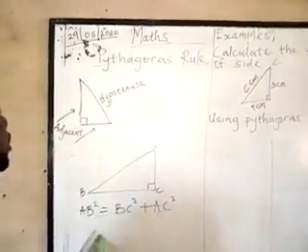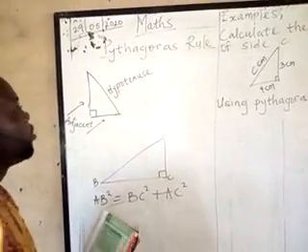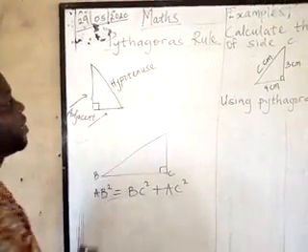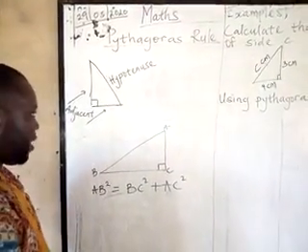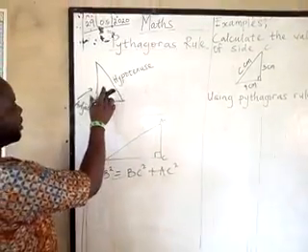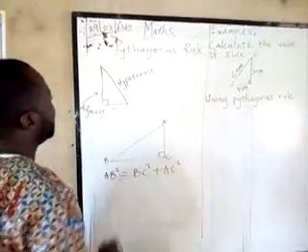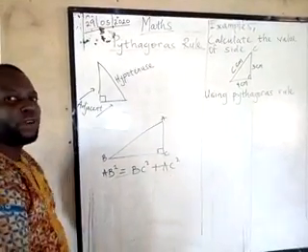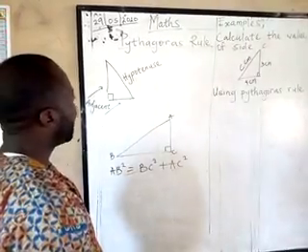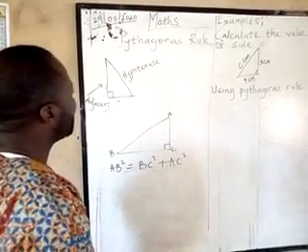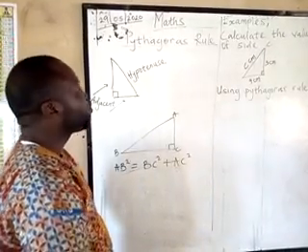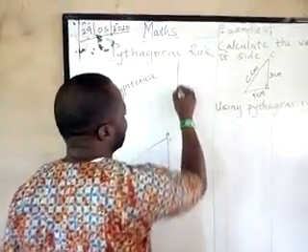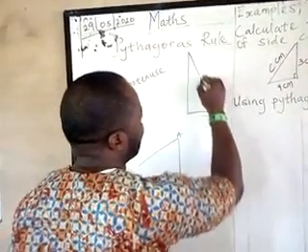Now, how do you do this? The first thing you need to do is to identify the parts of a right-angled triangle. Now, a sketch on the board is a right-angled triangle, and I want to believe you know the meaning of a right-angled triangle. A right-angled triangle is a triangle with an angle that equals 90 degrees.